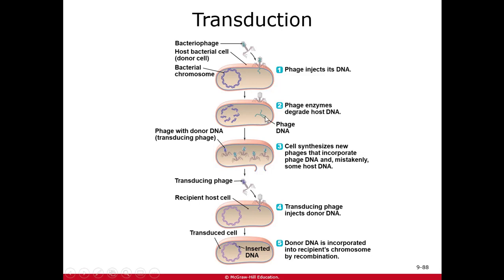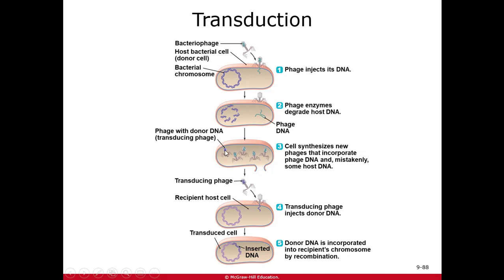And so when this bacteria dies, this original cell always dies, and releases all of these new viruses, some of them contain some bacterial DNA. And so when that virus goes and infects another bacteria, it's going to inject some bacterial DNA inside of a new bacteria.